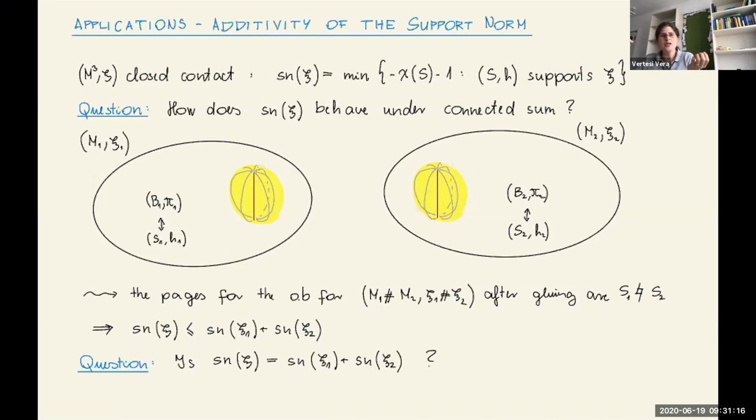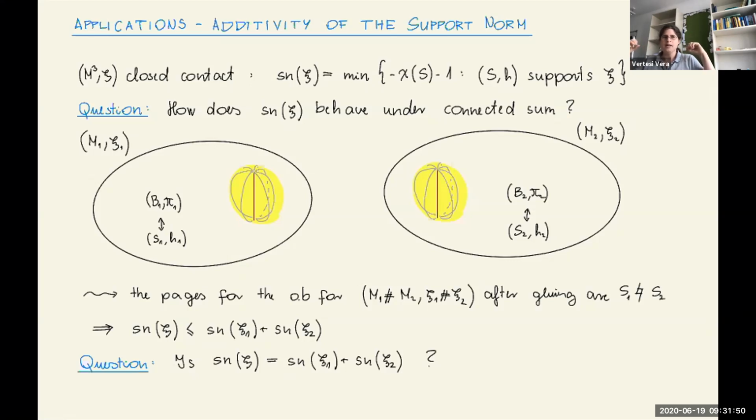And then you want to understand how this support norm behaves under connected sum. So if you have two open books for two contact manifolds, then you can take the connected sum in the neighborhood of a ball where everything is standard, and you make sure that the point you take the neighborhood of is actually lying on the binding. Then even the open book part is completely standard.